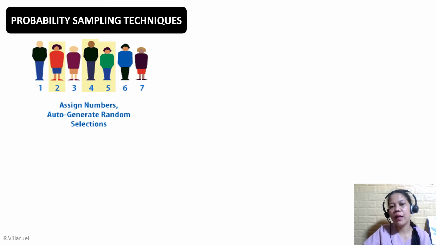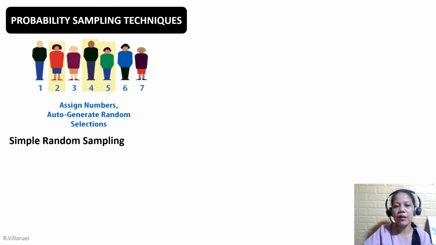So, ano-ano yung mga probability sampling techniques? So, let's start with simple random sampling. Each member of the target population has an equal chance of being included since the samples are chosen randomly by using lottery, table of random values, or random number generator.